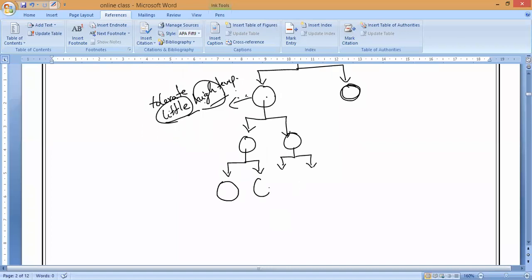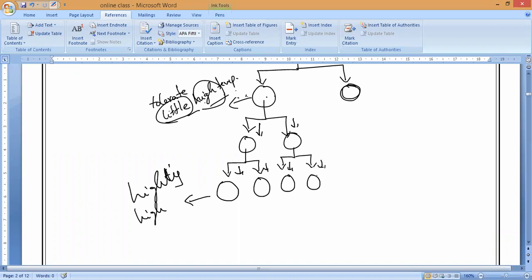So at a certain stage, the generations produced by this bacterium will ultimately give rise to a variant of bacteria which is highly heat resistant. Do you understand, everybody, what I'm saying? So the variation of tolerating a little high temperature keeps on accumulating in this generation, the next generation, like this.